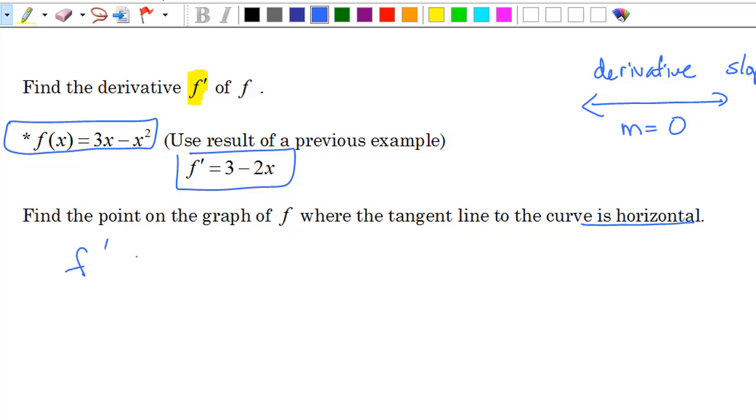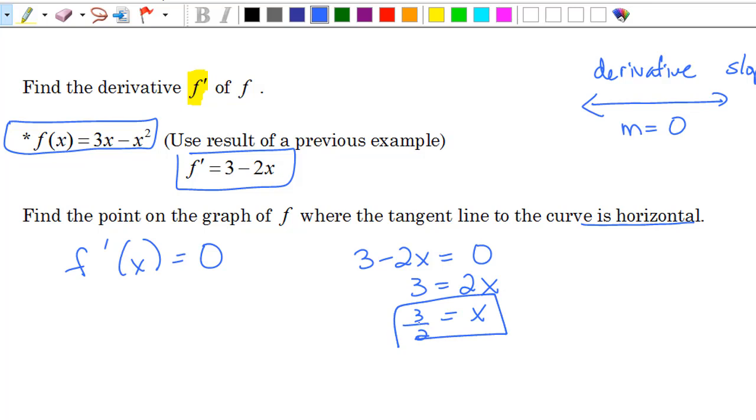In other words, I want that derivative equal to 0. That's what it's saying, and again, that's going to come up pretty much through the rest of the semester. But it's really easy. Once you find that derivative, you set it equal to 0 and solve for x.